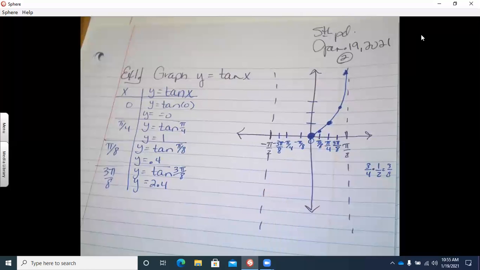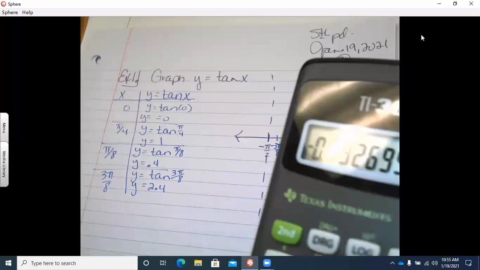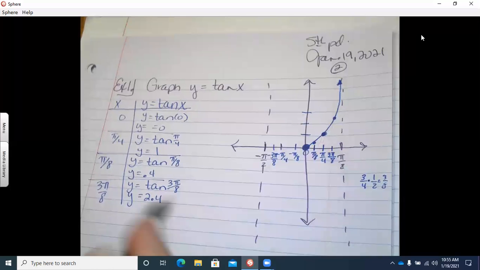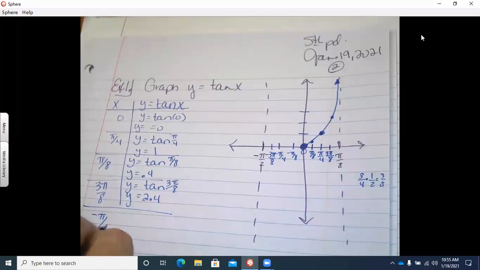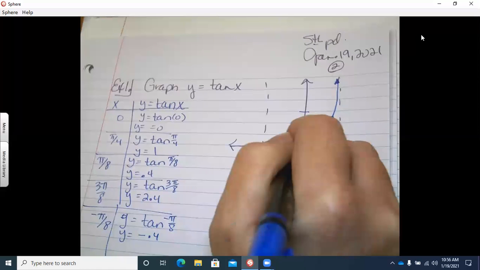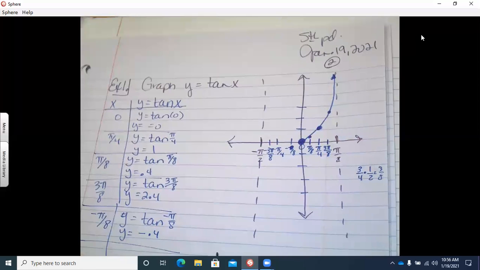So on these calculators, you do pi and then the negative sign divided by 8 equals, and then hit tangent, so negative 0.4. All right, now I'll do negative pi fourths.